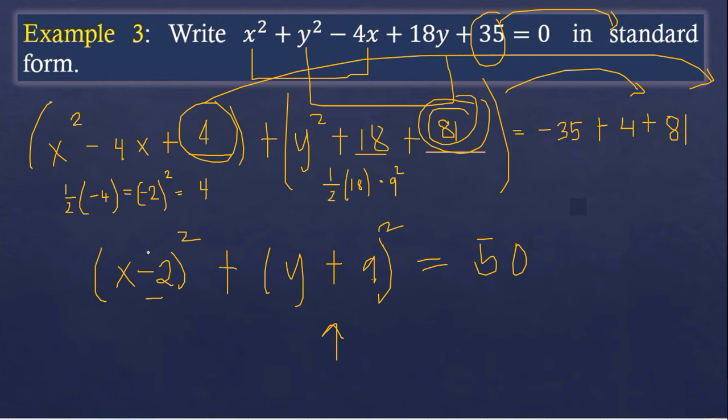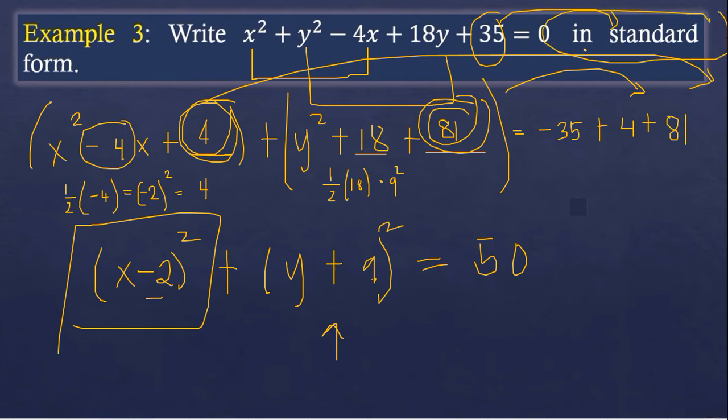Because negative 2 plus negative 2 is negative 4, and negative 2 raised to 2 is positive 4. That's why the first quantity that we have here is x minus 2 squared. Then the second one is y plus 9 squared is equal to 50. And we're just looking for the value of standard form. That's why this is the final answer na po.